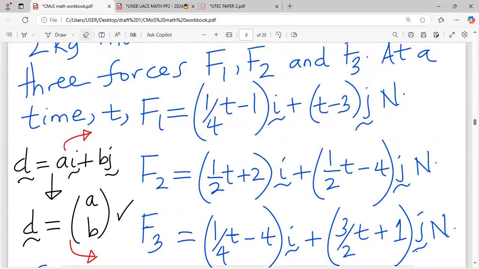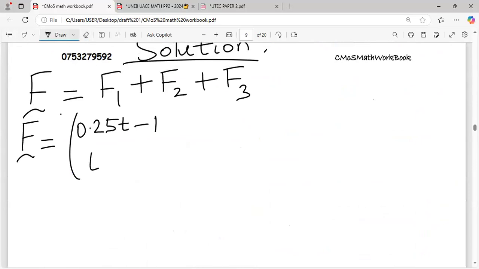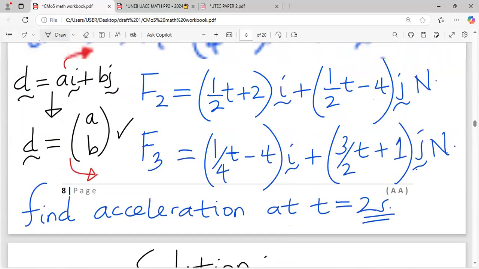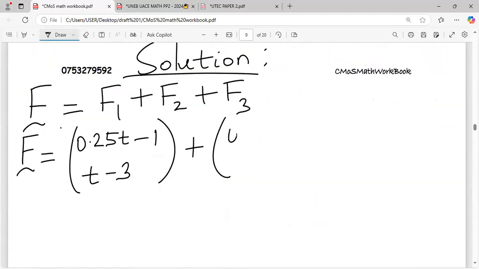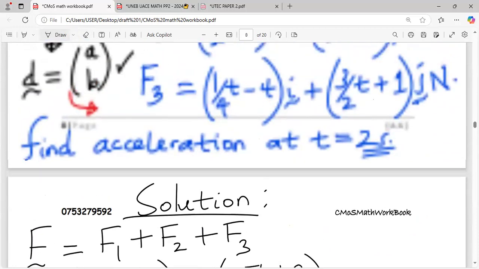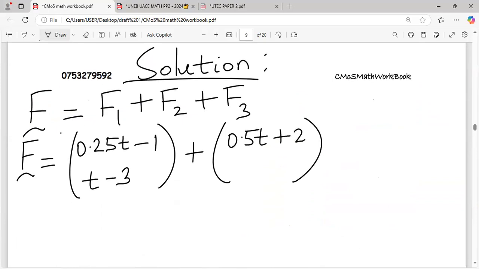It is t minus 3, the one for the j. Then I come and add force 2. Look at force 2. It is a half t plus 2, that is 0.5 t plus 2. Then the j: a half t minus 4, a half is 0.5 t, and it is minus 4.